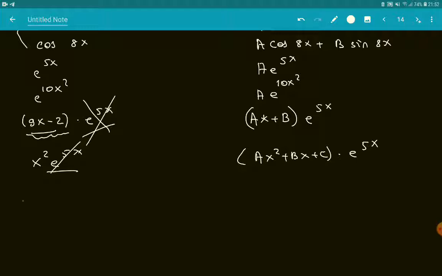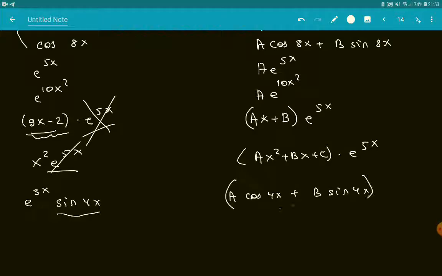Again, now let's move on to the third one, the other one, e to the 3x sine 4x. So how did we write the sine 4x? If you remember, it was a cosine 4x plus b sine 4x.